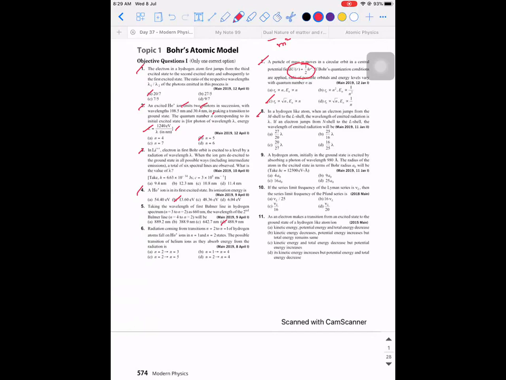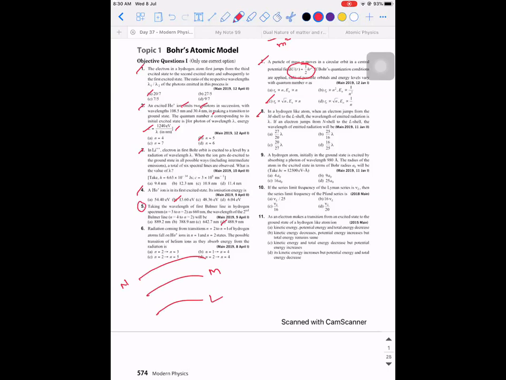If the electron jumps from N shell to L shell, the wavelength of the emitted radiation is? K, L, M. So if you take L as the first shell, then M will be taken as the second, and N will be taken as the third. So again, apply the same formula which I applied for this problem, and then tell.